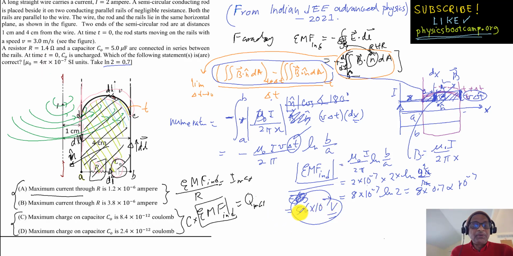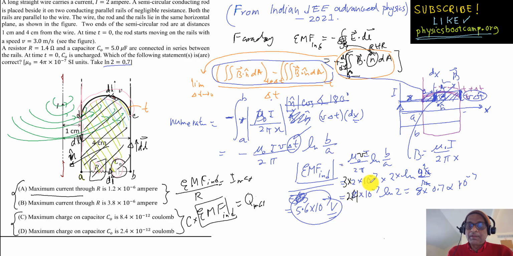So if I divide by 1.4, I think there may be a problem with some units here. So let me just go back and pause. I did notice some mistake. I forgot that v over here, and so v is 3 meter per second.